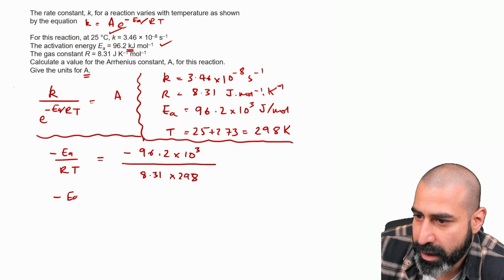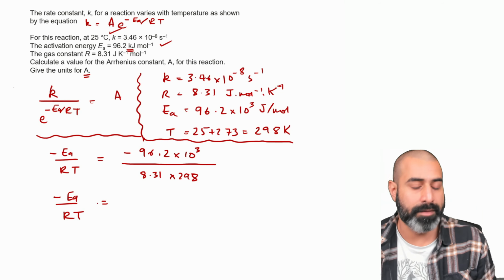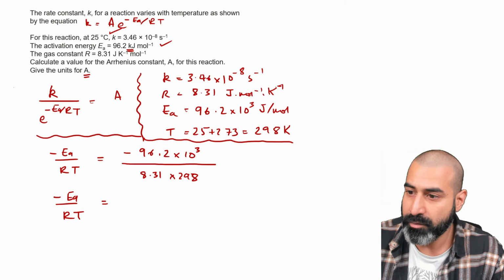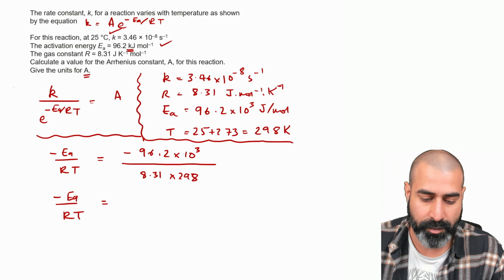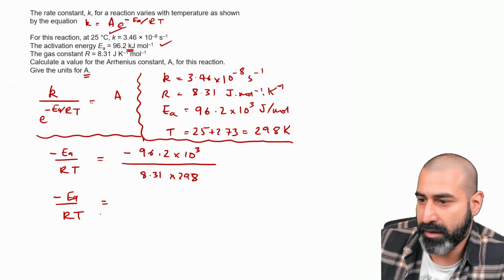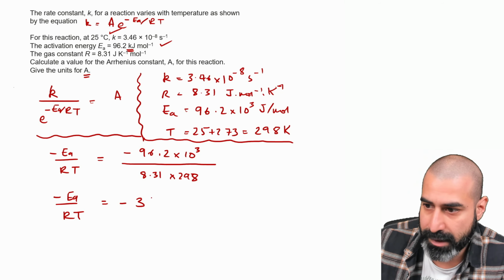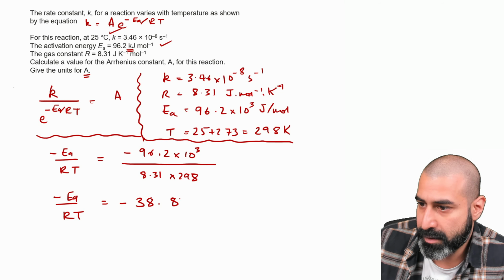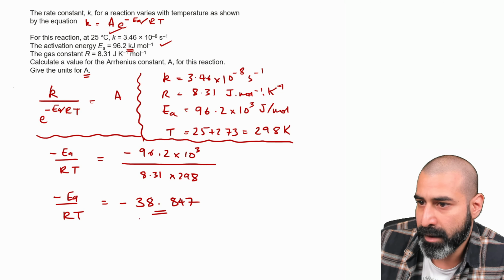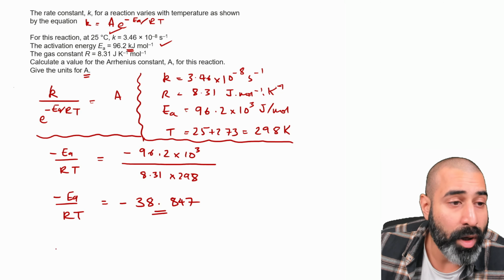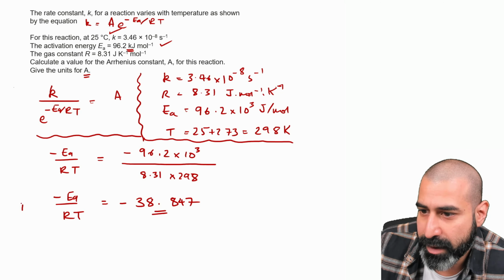So minus Ea over RT is equal to, let's do that on your calculator, minus 96.2 times 1000 all over 8.31 times 298. And that gives me minus 38.847. That's probably where step 1 is.